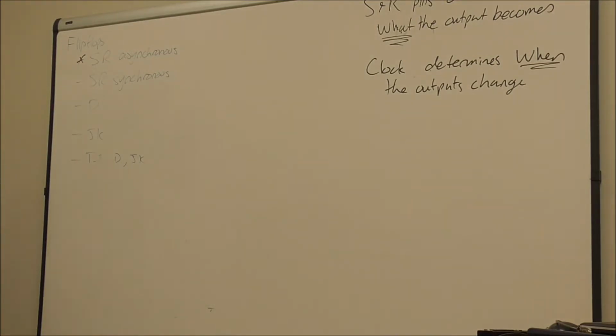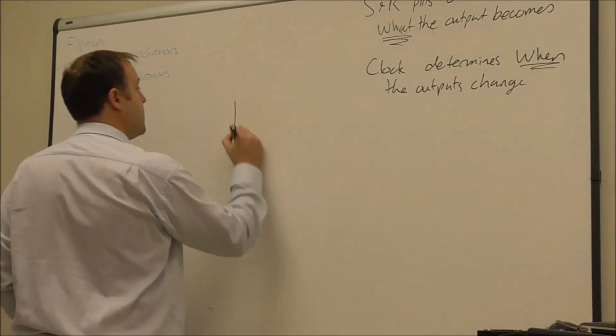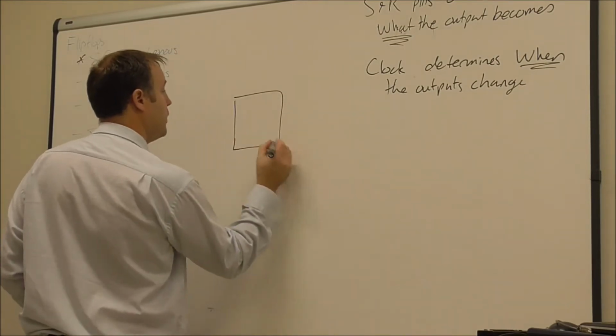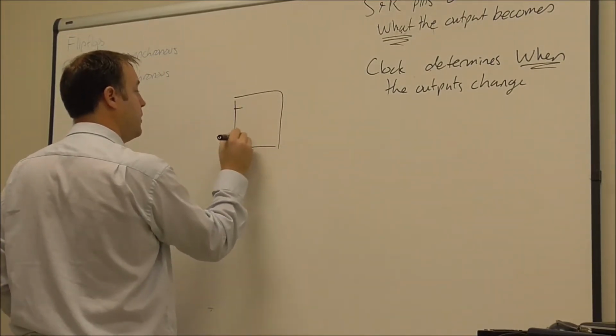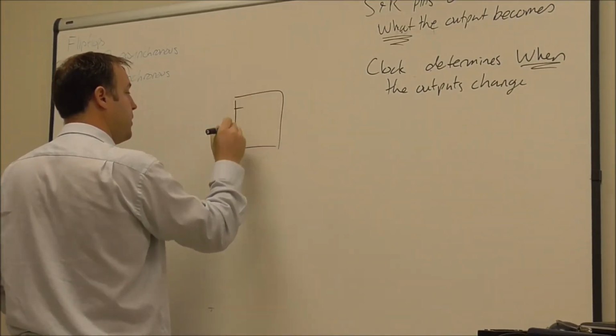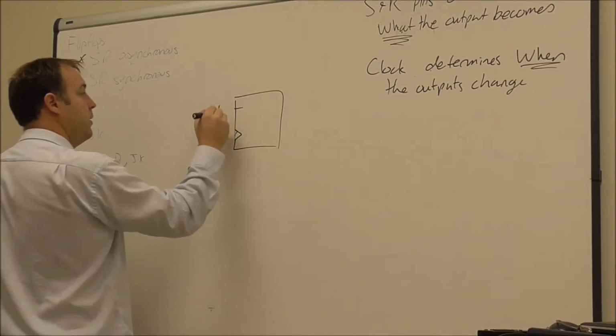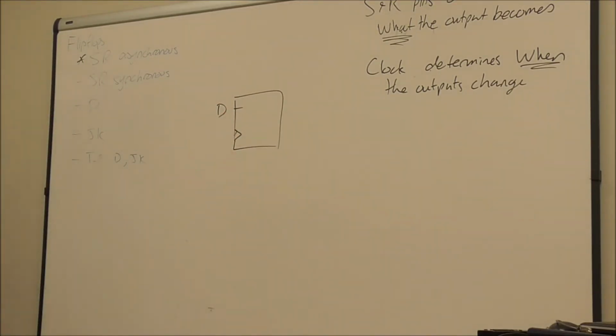Okay, now the next type of flip-flop is called a D-type. Now the D-type is different from the SR type in that it has only got one input, and that fixes that whole problem about having an illegal input state. Okay? So you can't have an illegal input state when there's only one input.